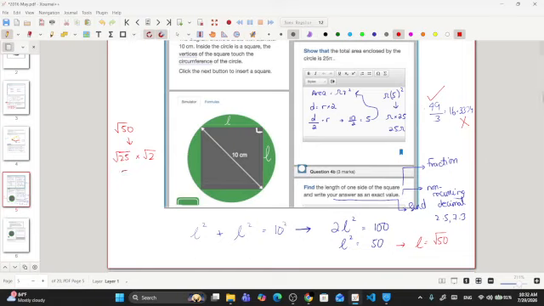Square root 25 can also be written as 5, and multiplied by square root 2 remains the same. That becomes simply 5 root 2. Does that make sense? Great. So essentially, I can say that the value of length is equivalent to 5 root 2.